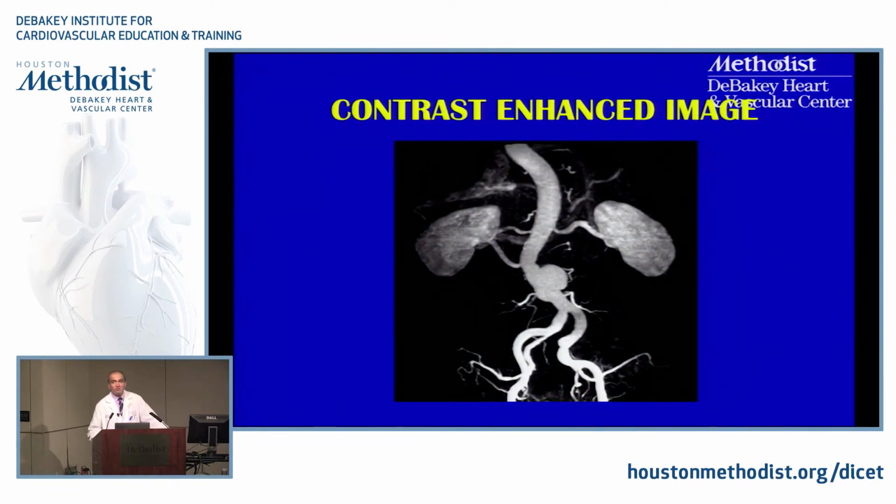And so it gives you an image that looks like this. Notice the background tissue has been very nicely saturated and suppressed. So I don't see much in the way of background tissue, but the arterial structures show a significant amount of enhancement. So I can see the arterial structures very well. And one of the advantages of MRI is that the technique itself can fundamentally suppress the background tissue, so there's not the need for cropping out and cutting things out.